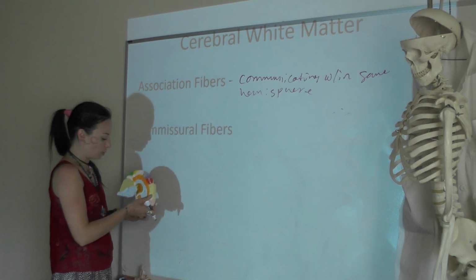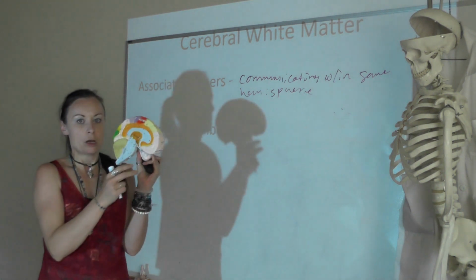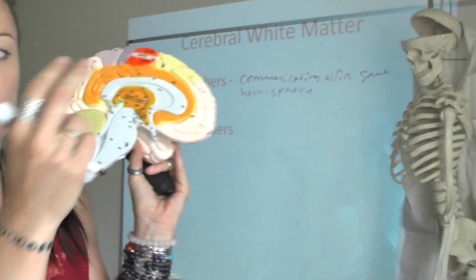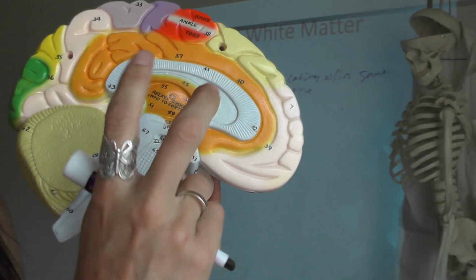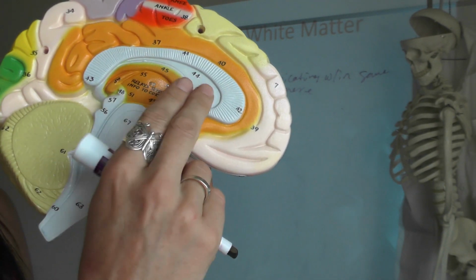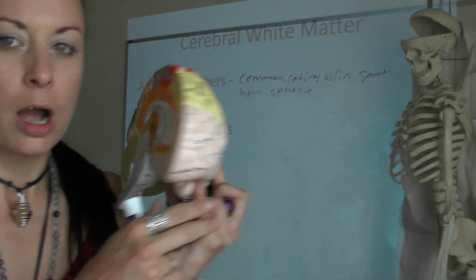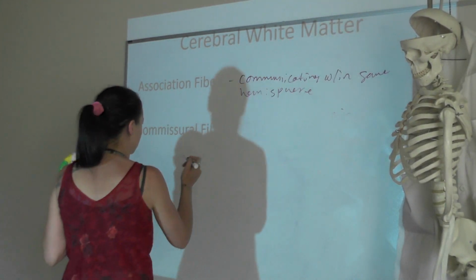Then commissural fibers are coming through here and connecting one hemisphere to the next. This region is called our corpus callosum, and our commissural fibers are how we get from one region to the next.